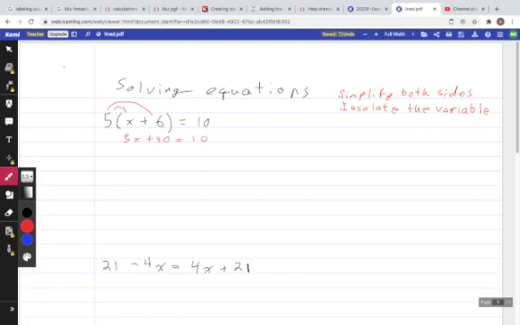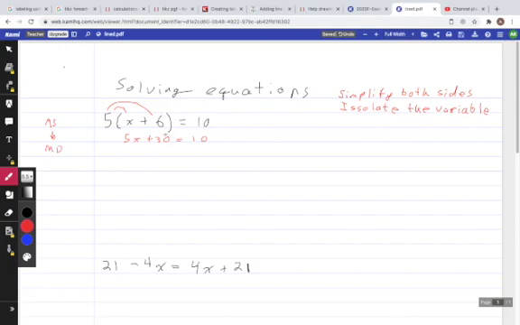Now, this left-hand side is simplified. This right-hand side is simplified. So I just need to work on getting the x by itself. And the way I do that is I kind of work backwards through the order of operations. So we do all of our addition and subtraction, then we work with our multiplication and division.